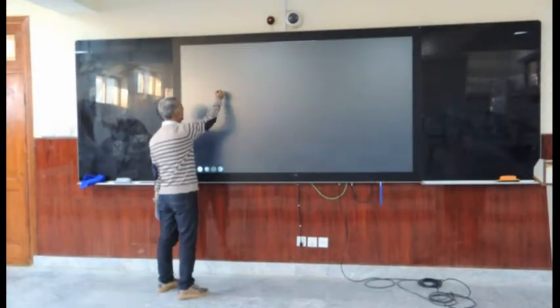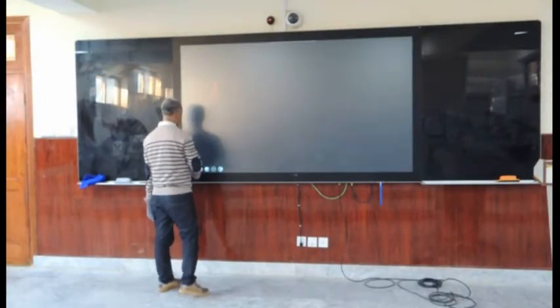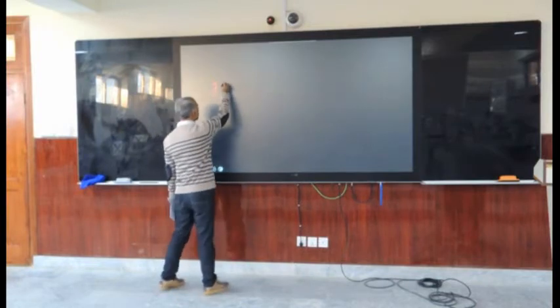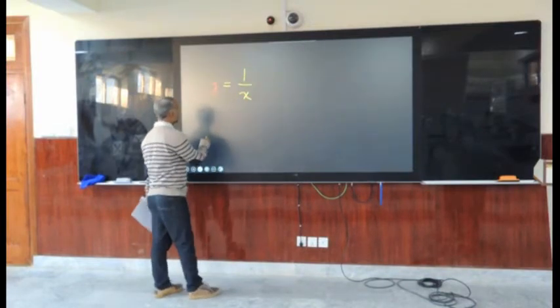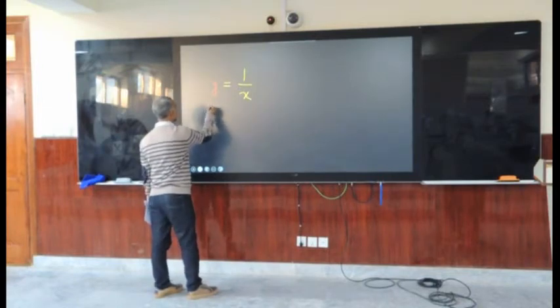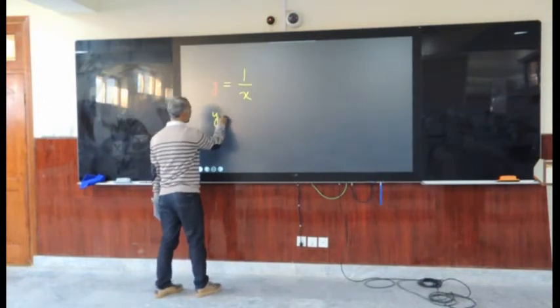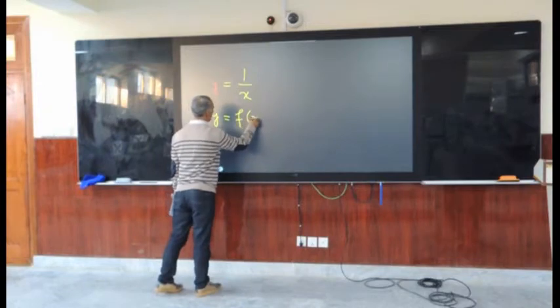Slope of a tangent line for the function y equal to 1 over x. You can say that y is a function of x.